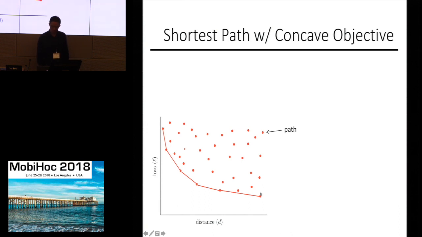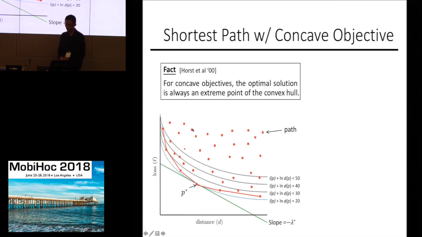And if we consider the convex hull of these red dots, then there's a lemma which says that if you are minimizing a concave objective, then the optimal path is always an extreme point of the convex hull of these red dots.